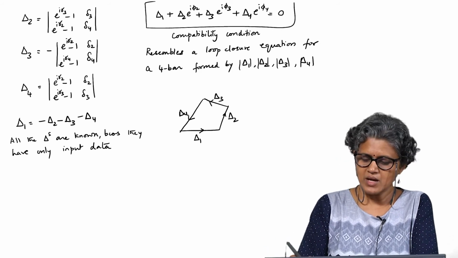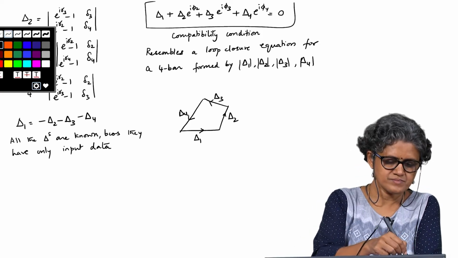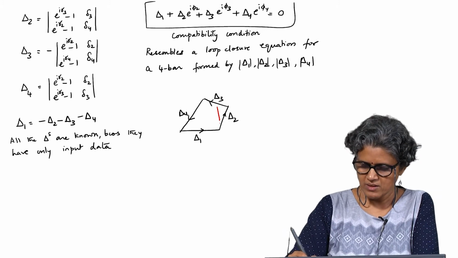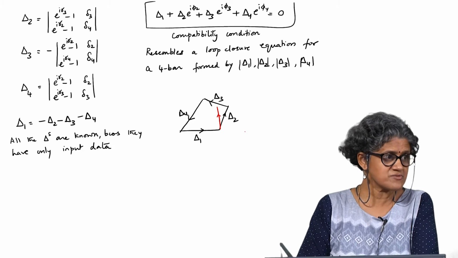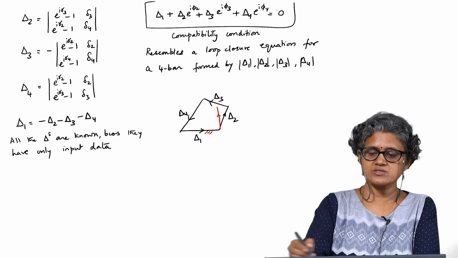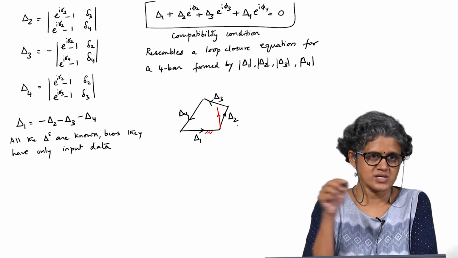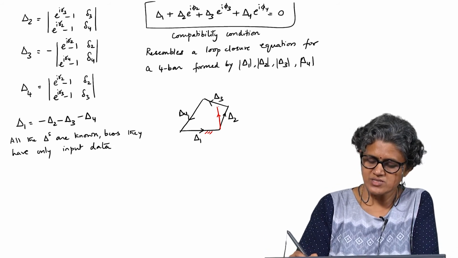Okay. Now, if this vector I rotate by some amount, then delta 1 remains the same, it is the fixed link of this 4 bar. You see there is no phi 1, there is no angle associated with that, I can think of that as a constant.